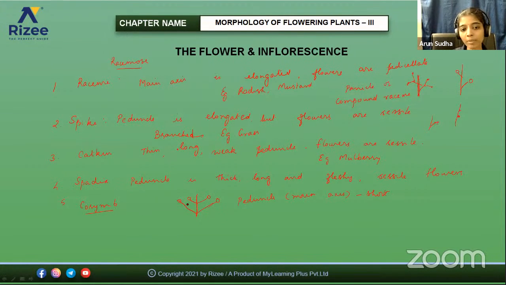And here also there may be compound corymb where everything will have the branches. And there is another arrangement that is called the umbel arrangement. So here the main axis, and from the common point, there will be many. This is the pedicel and flower.